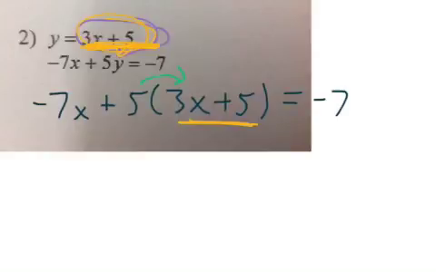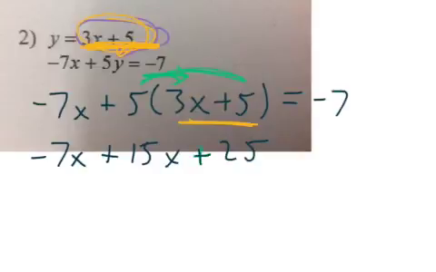So hopefully we agree we have the distributive property here. So I have negative 7x plus 15x, because I'm going to do 5 times 3x, and then I'm going to do 5 times 5 and get, of course, plus 25 equal to negative 7.